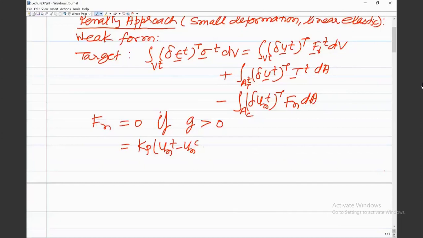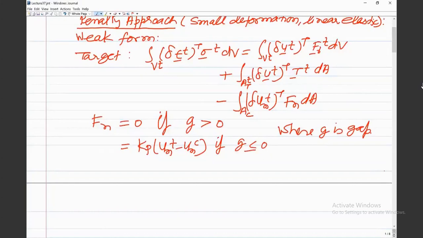So Fn is equal to this if G is less than or equal to 0, where G is the gap. You can refer to the lecture where we have shown how to calculate the gap.